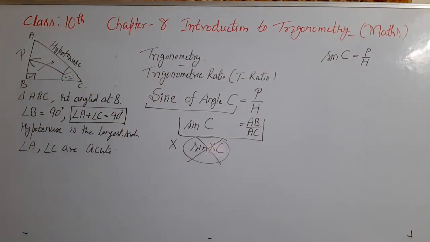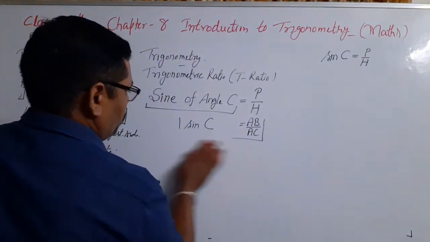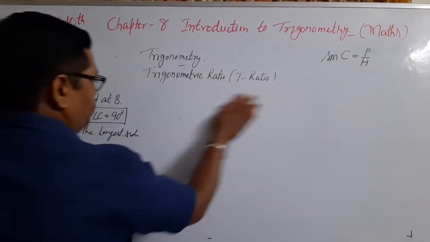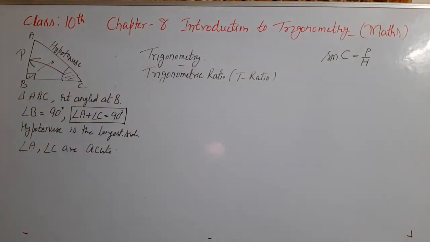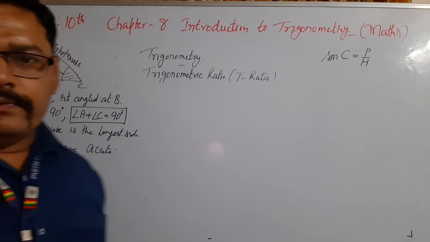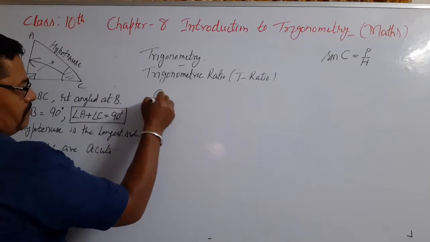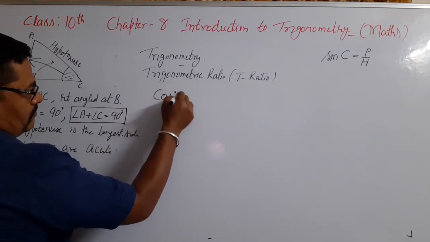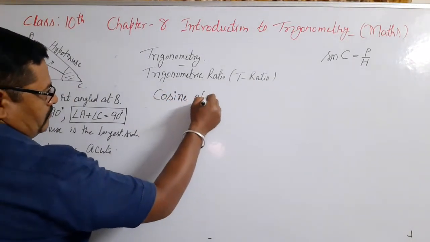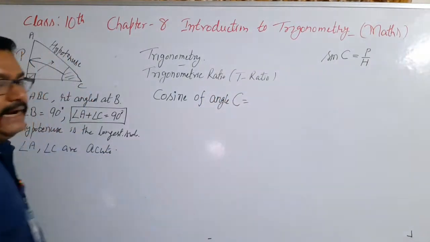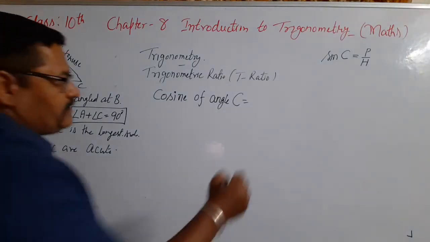Now let us find the second trigonometric ratio. The second trigonometric ratio is cosine of angle C, which is equal to base upon hypotenuse.